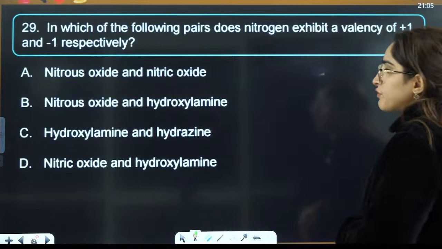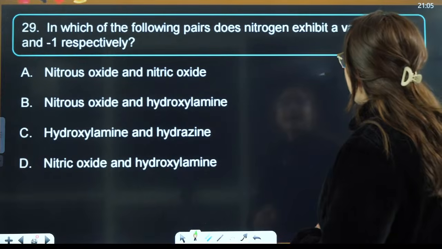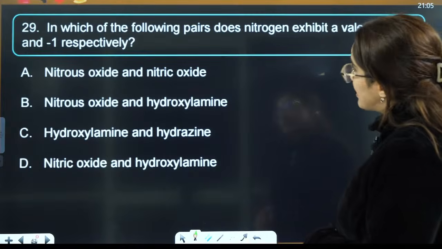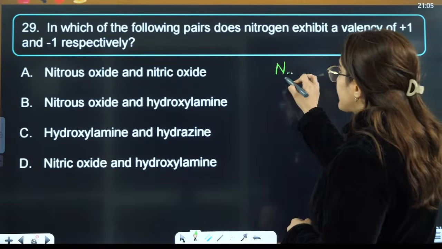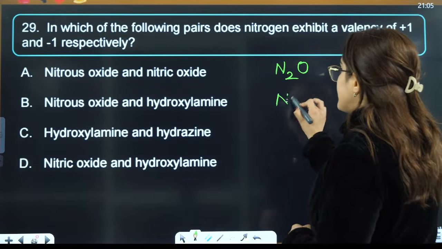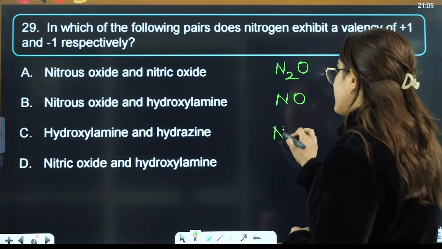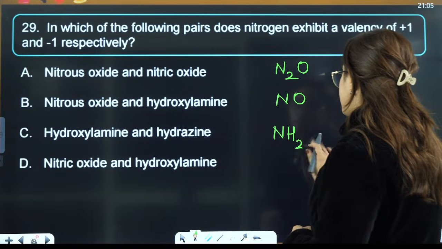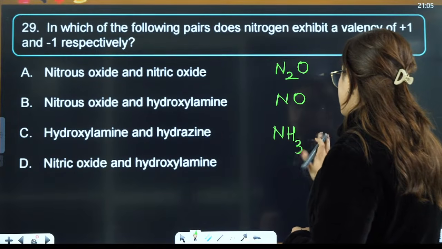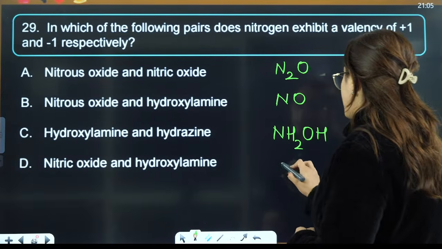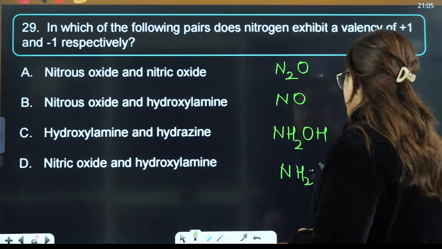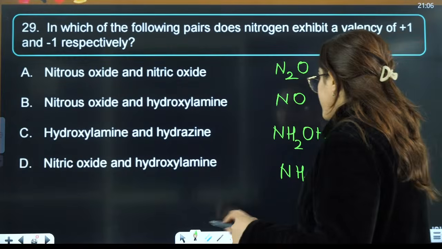Then, in which of the following pairs does nitrogen exhibit a valency of +1 and -1 state? So if you talk about nitrous oxide, nitric oxide, hydroxylamine, hydrazine.